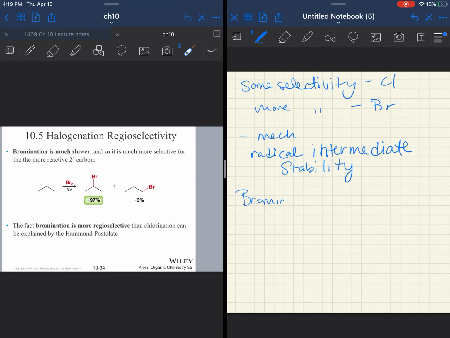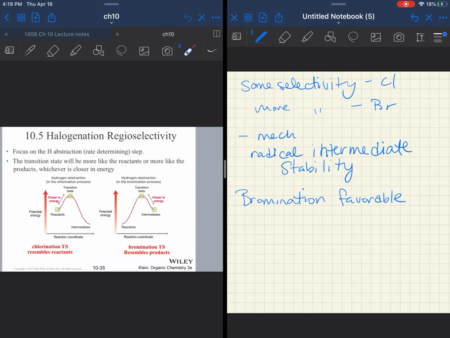So we're going to find that bromination is a little bit better or more favorable than chlorination. It doesn't tend to add as many times because it's slow, and it's going to give you more selectivity. Making mixtures of products can be a problem.